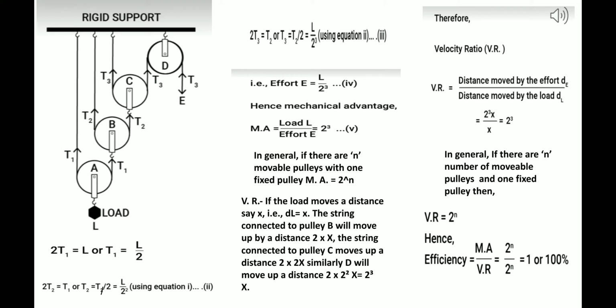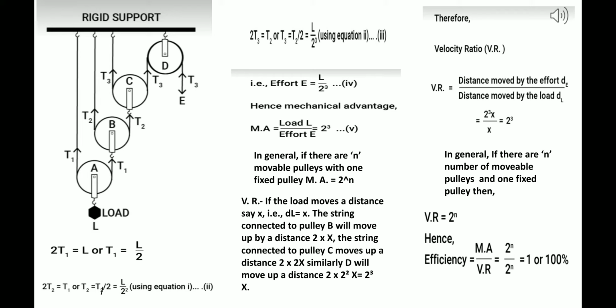A, B, C are the movable pulleys, and D is the fixed pulley over there, which is fixed from the rigid support. And there are three strings which have been taken from the rigid support, and the third one goes around the fixed pulley also. Now see, load is hanging from A.